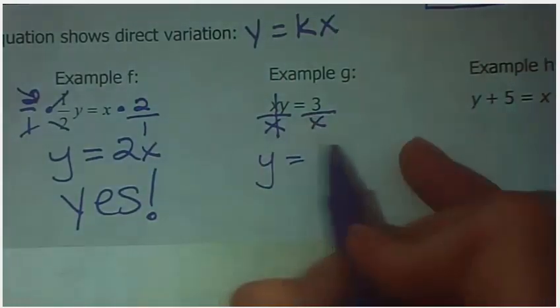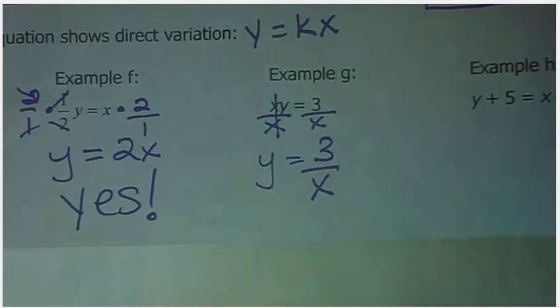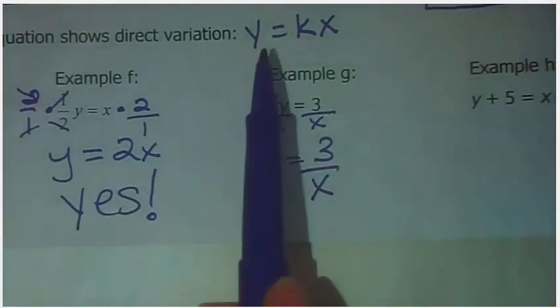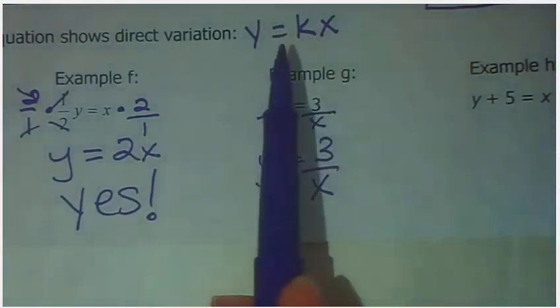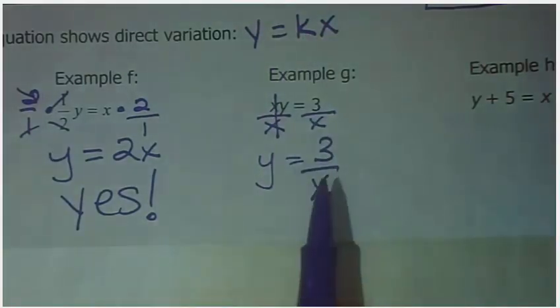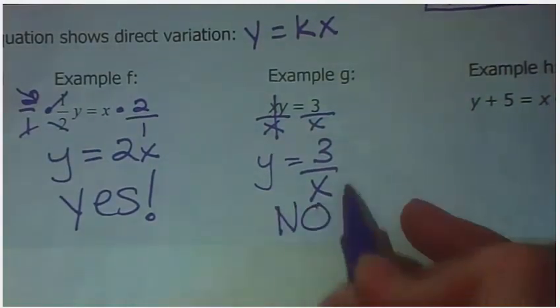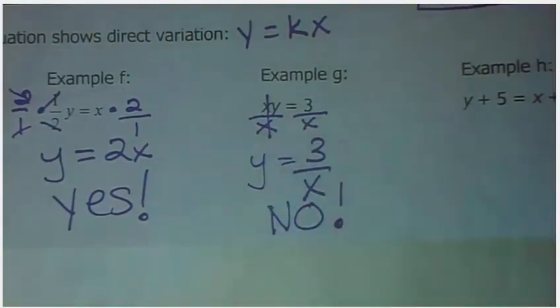Divide by x. So I have this, and while there's no addition in the problem, does it look exactly like this? k could be a fraction, but that's not what we're getting at here. This is not direct variation. This is going to be our next section, so we'll get back to that later. But currently, it's not direct variation.